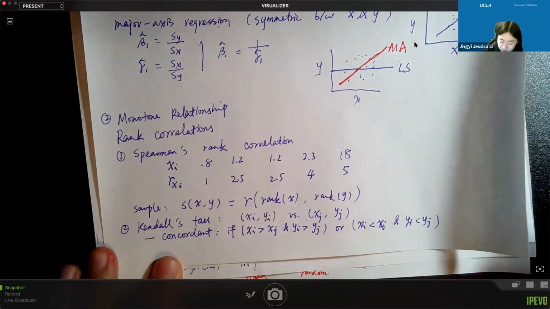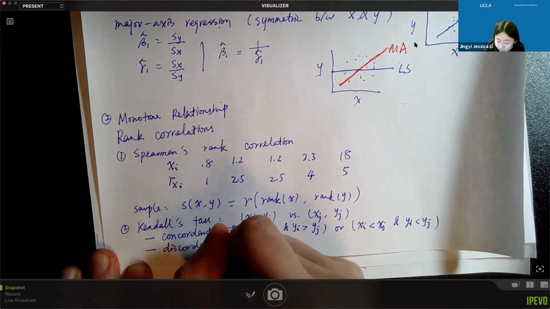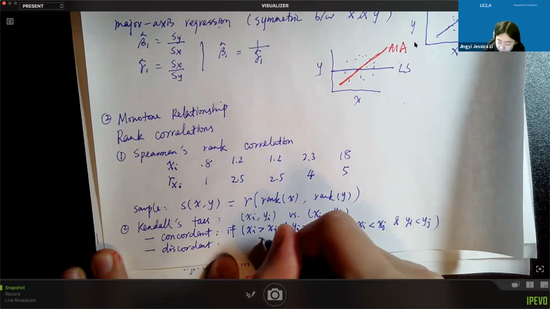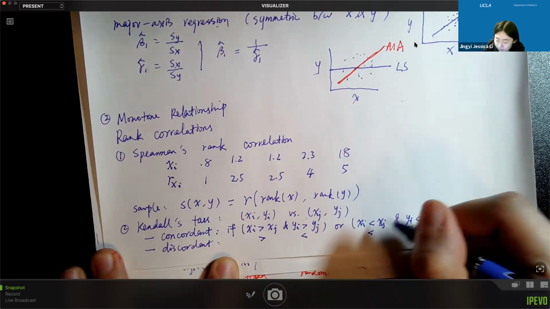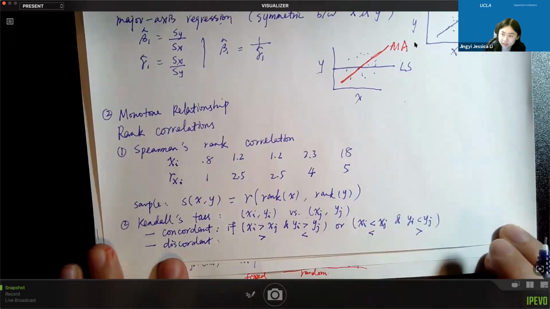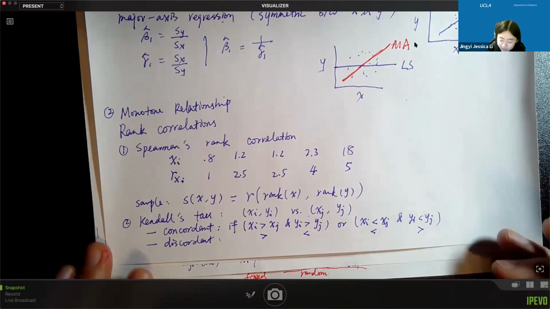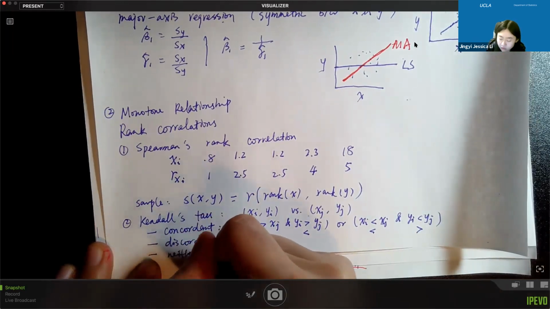And of course, the opposite is discordant. What happens is that you have opposite signs in the two variables. If this is bigger, this is smaller, or this is smaller, this is bigger, so you have opposite directions, then we call that discordant. And we can have neither. It's neither discordant nor concordant.